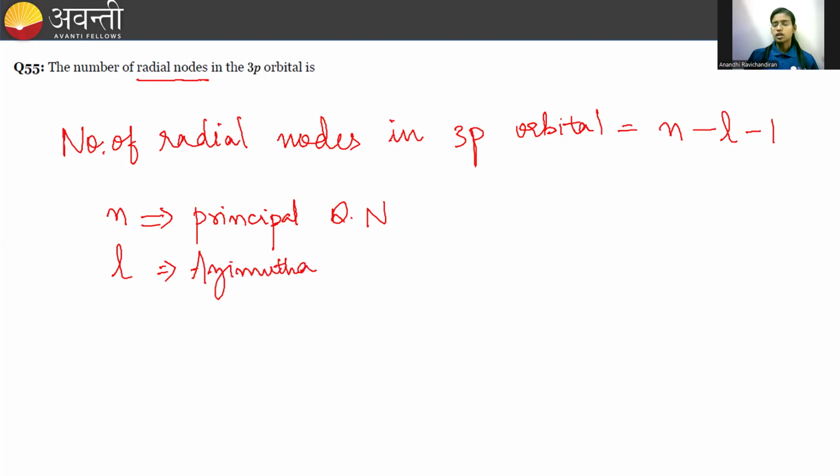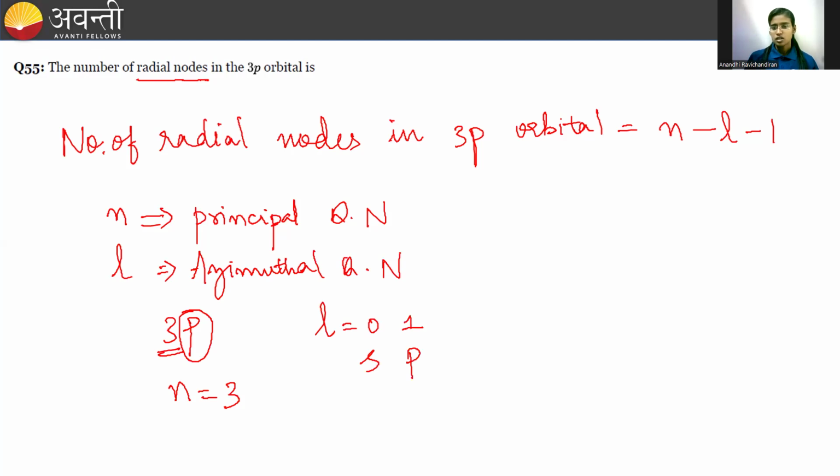Azimuthal quantum number. Okay. Now for 3p orbital, 3 is the value of n. So n is equal to 3. And we have 3p orbital. In the last question we have seen L is equal to 0 for S and 1 for P. So since it is a p orbital, L value is equal to 1.